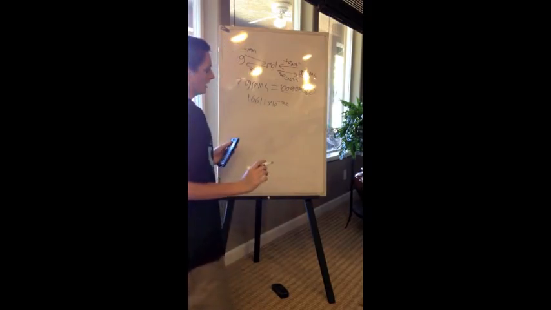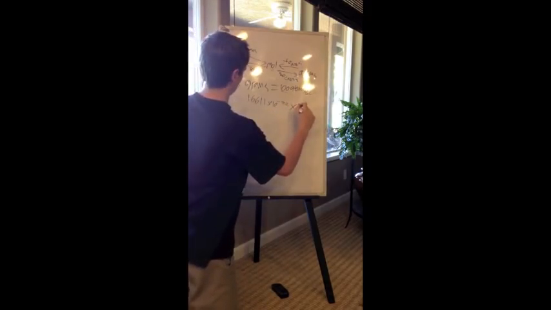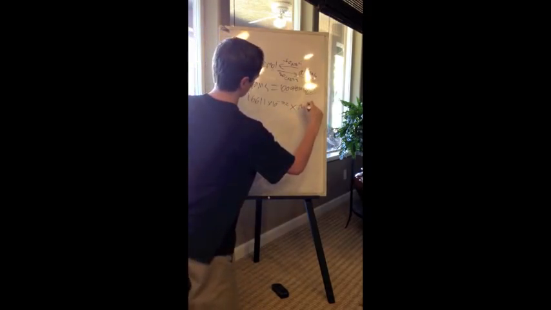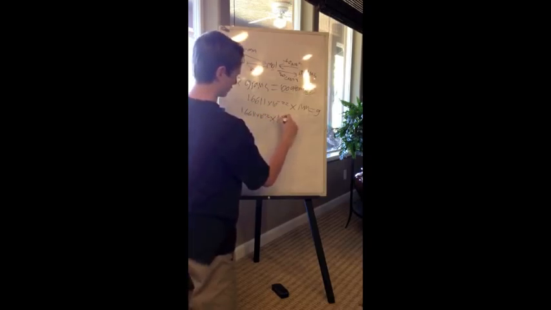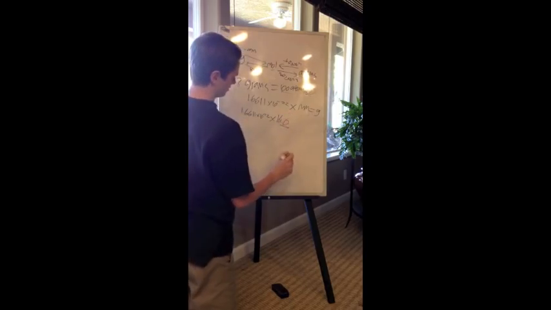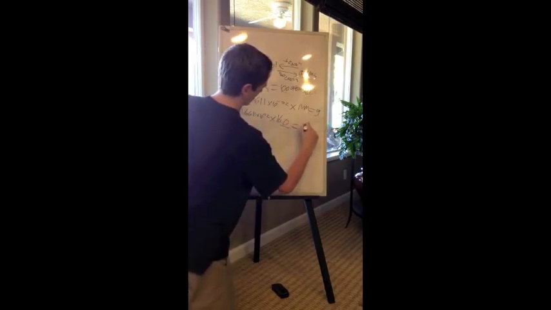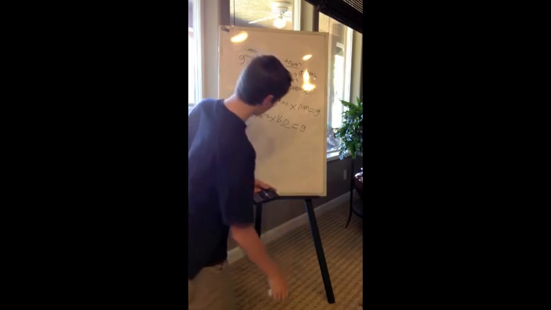Now we will have to times this by the molar mass equals grams. So 1.6611 times 10 to the negative 22nd times 16.0 equals grams. Let me do that.